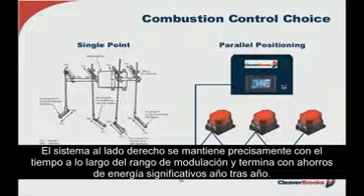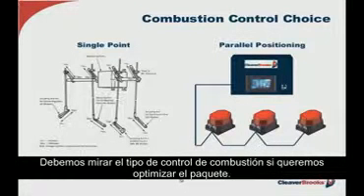Whereas the motorized actuators hold precisely to the settings, repeating time after time throughout the modulating range and resulting in true energy savings year after year. When specifying a new boiler or a replacement upgrade, the combustion control system needs to be considered if you want to optimize the package.